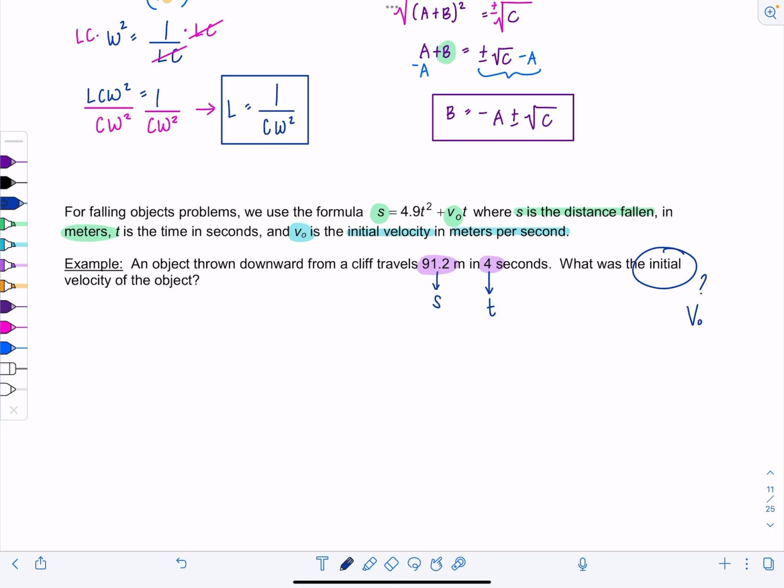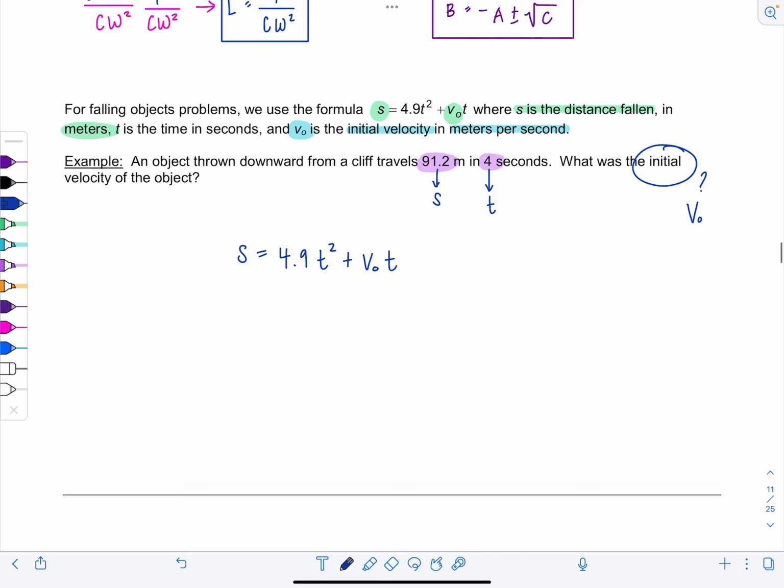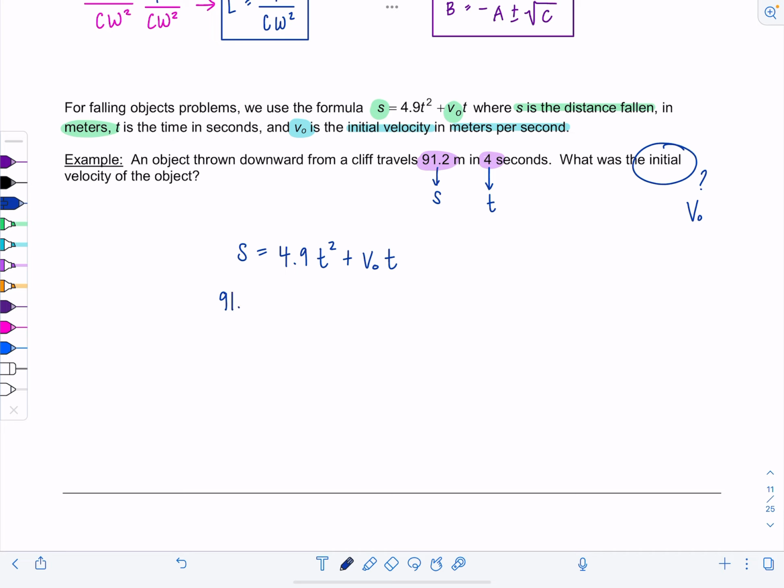Okay. So let's substitute everything into the formula. S equals 4.9 t squared plus v naught times t. So S is 91.2. I don't put units in the equation. Your physics teacher may want you to though. Okay, but in math, I just don't like it. It looks messy.